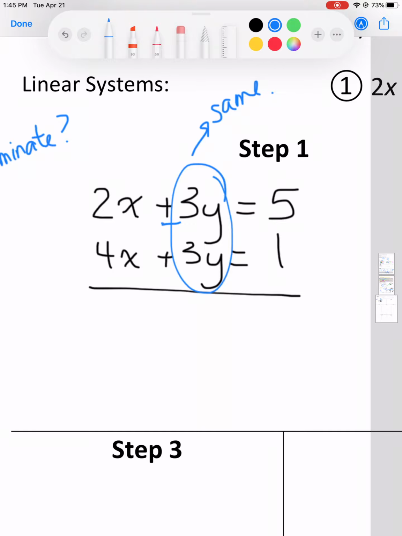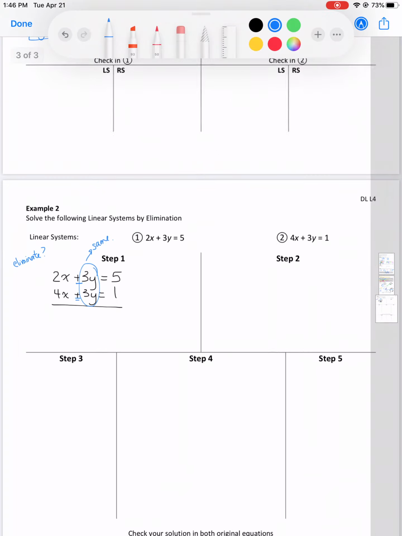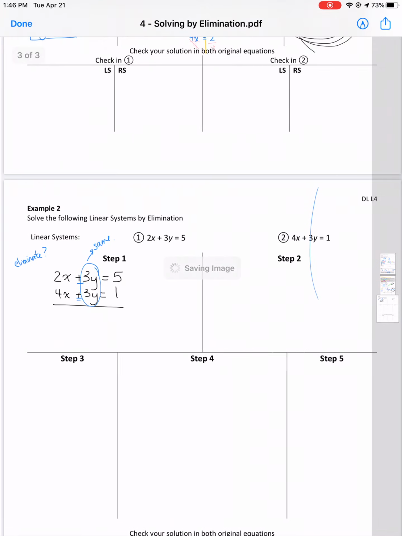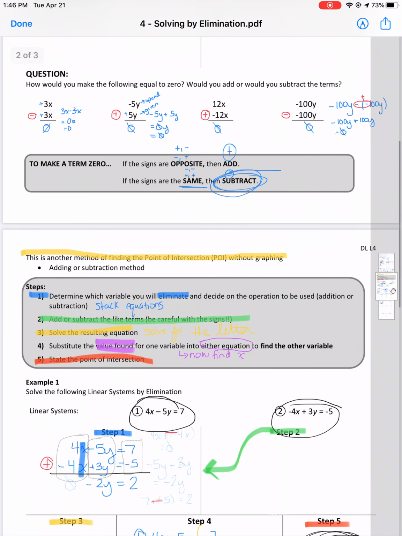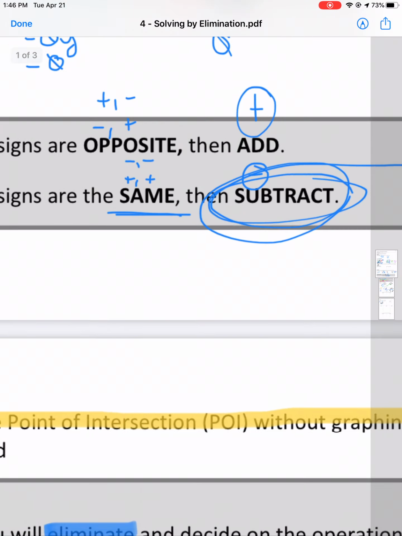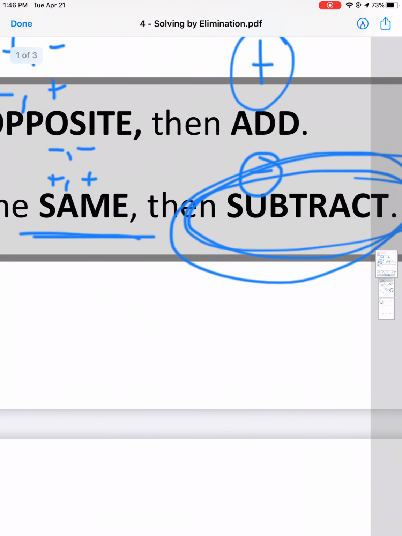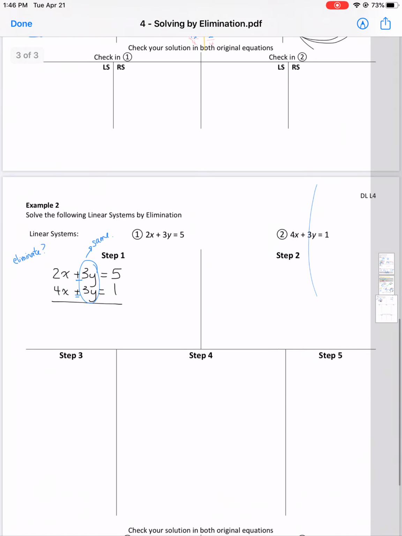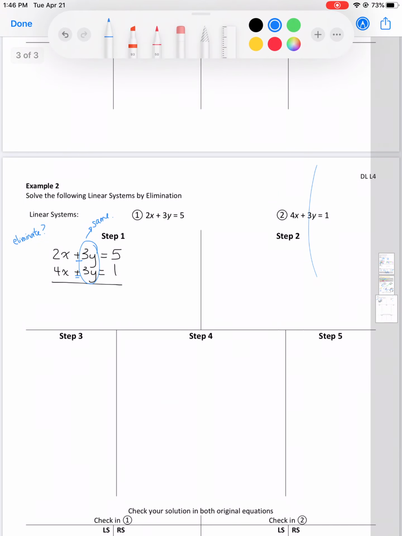Well, as you can see, the signs are the same. If I scroll back up, the signs are the same, so we subtract. Okay? So we are going to subtract.